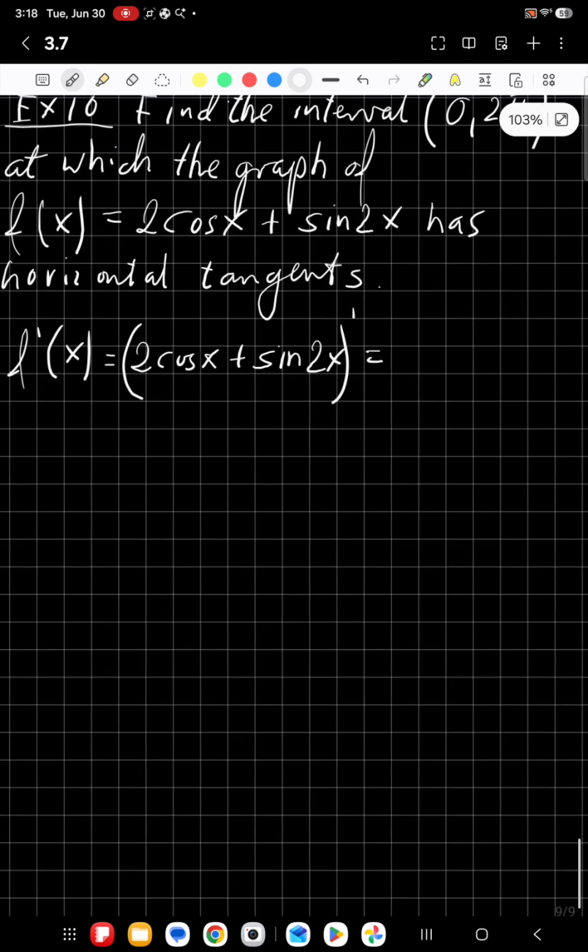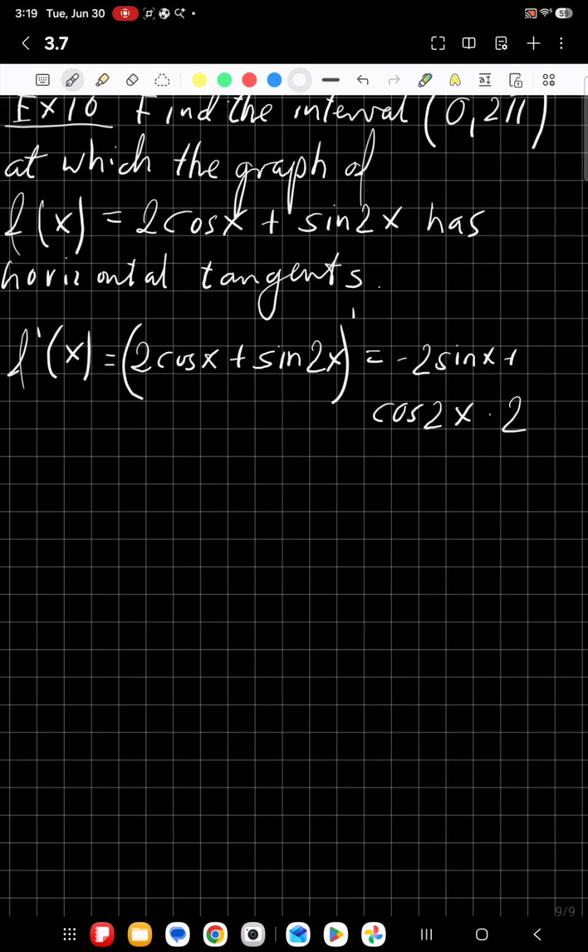Derivative of cosine is negative sine, so that's going to be negative 2 sine x, and then plus, derivative of sine is cosine, so cosine 2x, and then times 2.